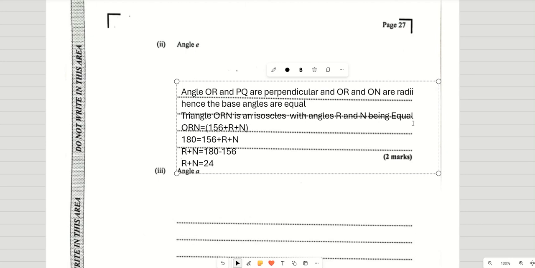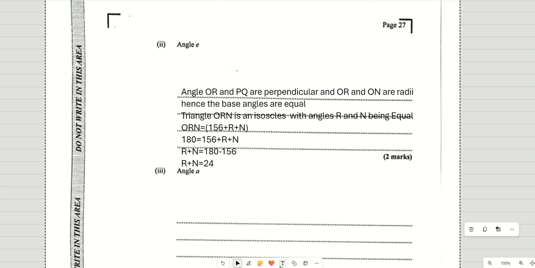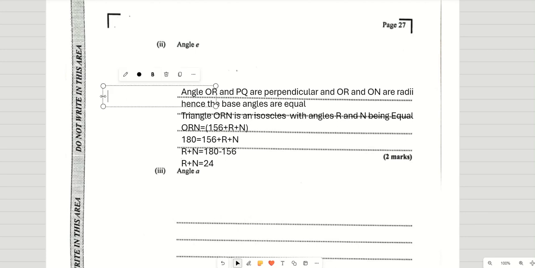We know R and N are equal, hence let me put that working on the side here.